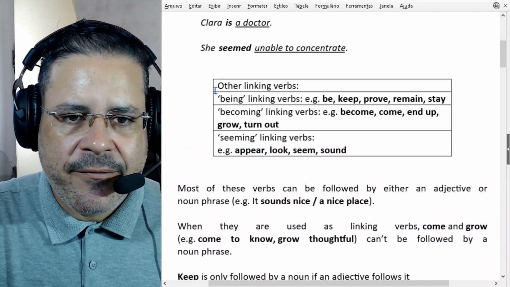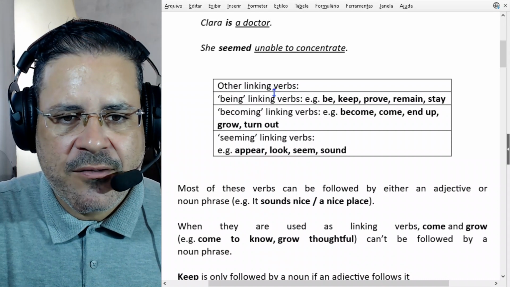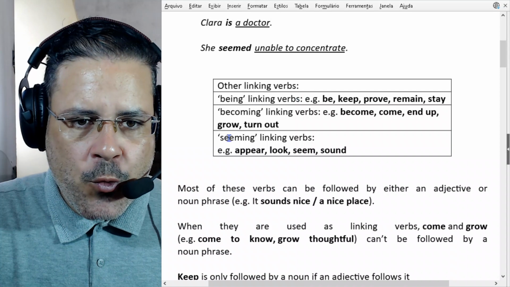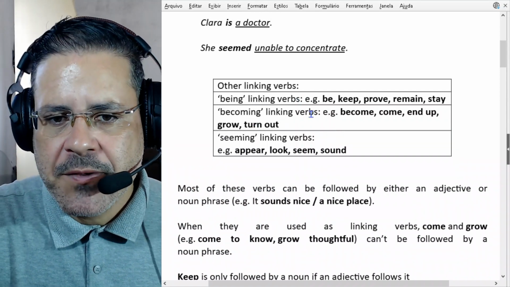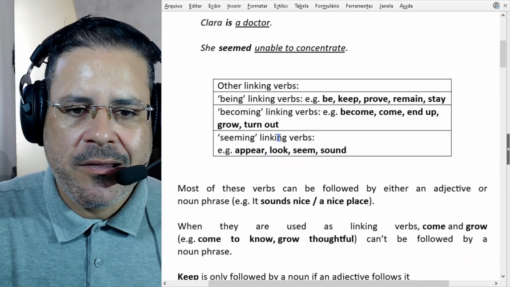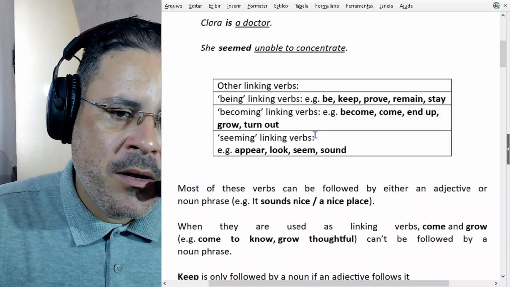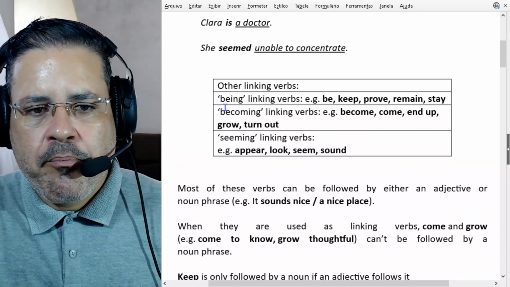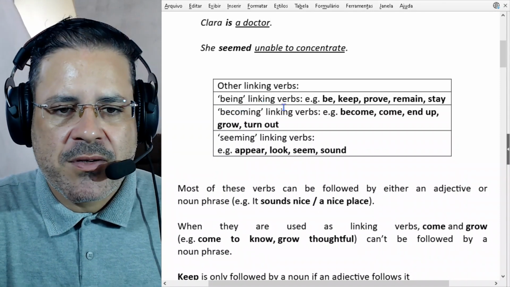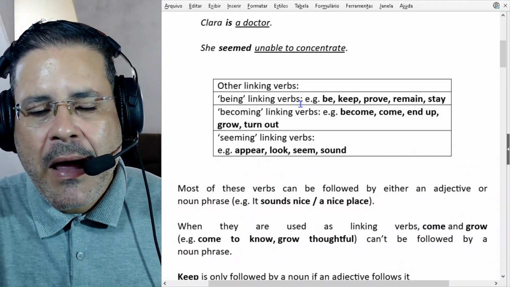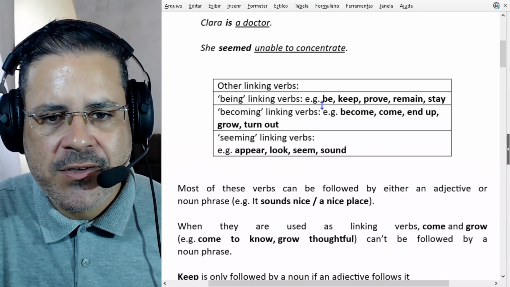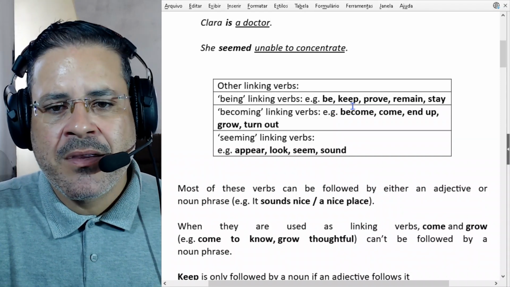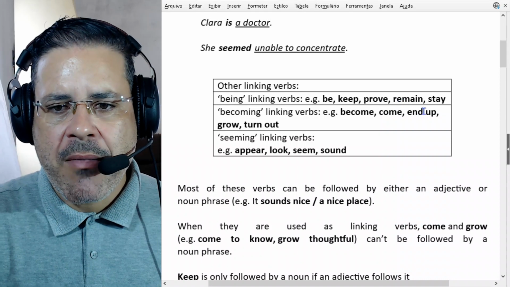So here we have other linking verbs. For example, we have "being" linking verbs, we have "becoming" linking verbs, and we have "seeming" linking verbs. Firstly, the being linking verbs. What are they? They're always linking verbs. For example: be, keep, repeat after me: be, keep, prove, remain, stay.